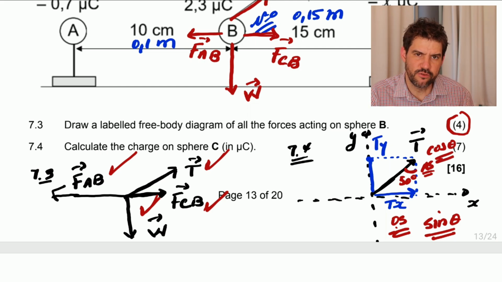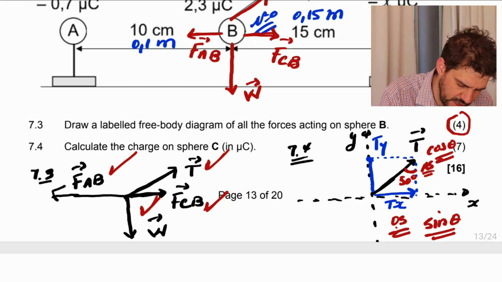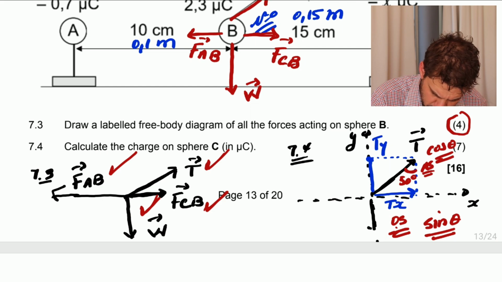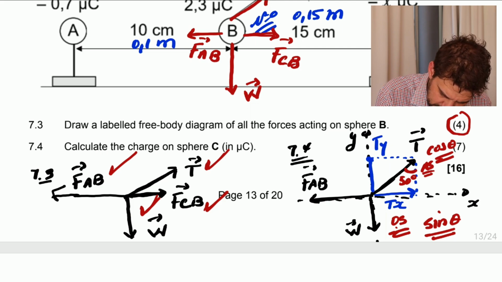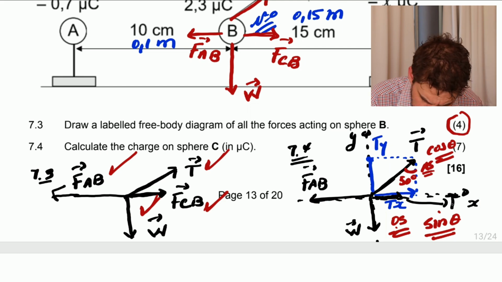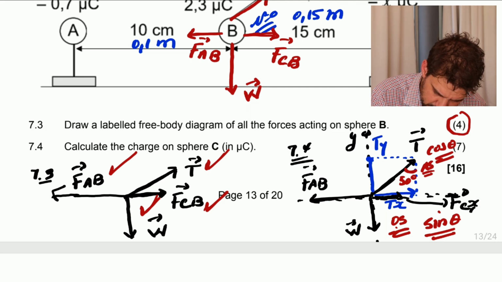Now this one is just for T. Apart from this one, remember you still have the weight, which we are not going to use in this specific question, but it is there. So let's do it. You still have the force that A exerts on B, which is in this direction, A B, and apart from this one, you still have the other force, which I'm going to write here as T. It's a force from C on B. So those are the forces.